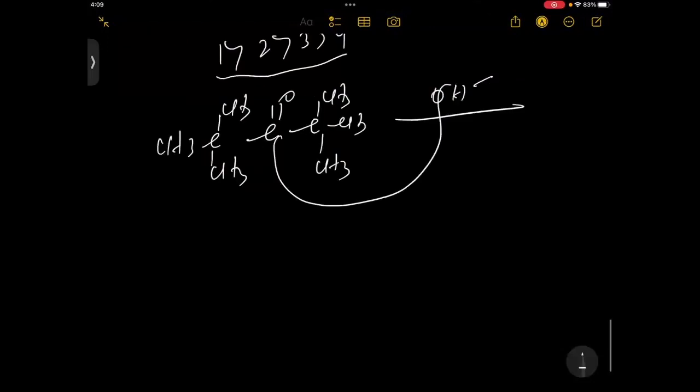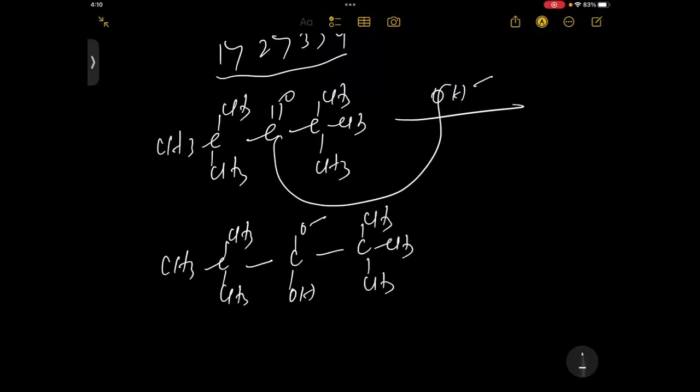The compound will form like that, CH3 C CH3 CH3 and CO negative, OH is there, and then CH3 CH3 CH3. Where is the second hydrogen? Where is the hydride? How will the hydride shift to the other molecule's carbonyl group? There is no hydride available there. Since there is no hydride available, it will not involve the Cannizzaro reaction.